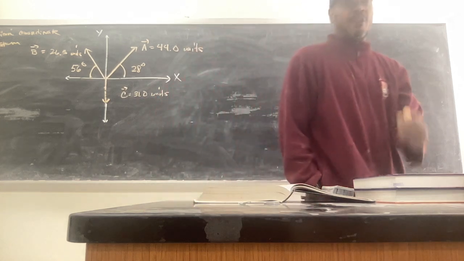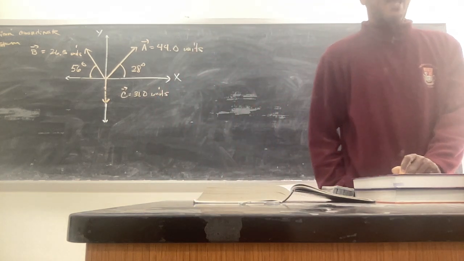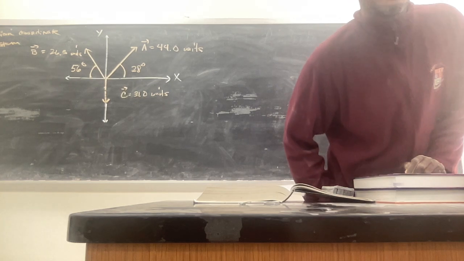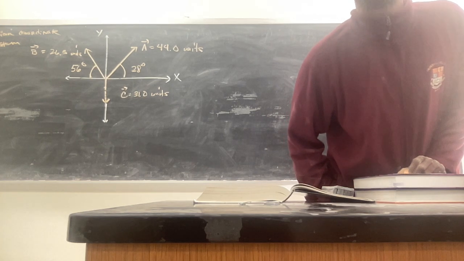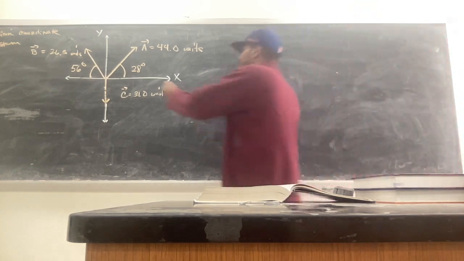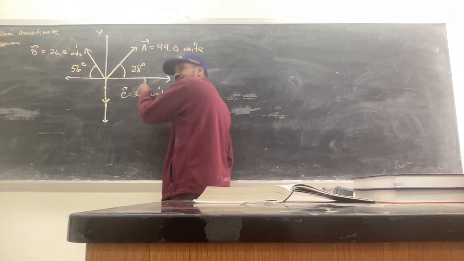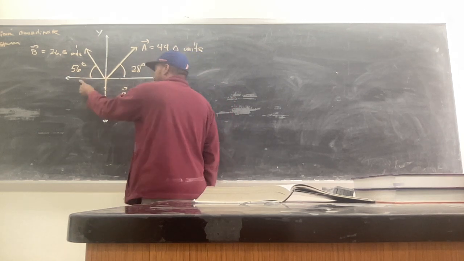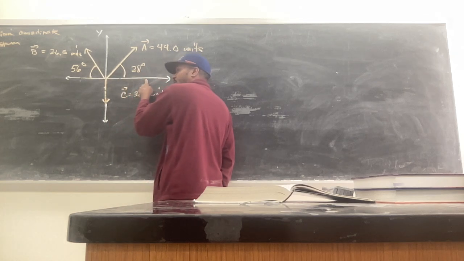It points in the direction south, 270 degrees with respect to the what? Not the negative. I started from here. What is this? That's the positive. I didn't start from the negative. I told you this is the positive right here.